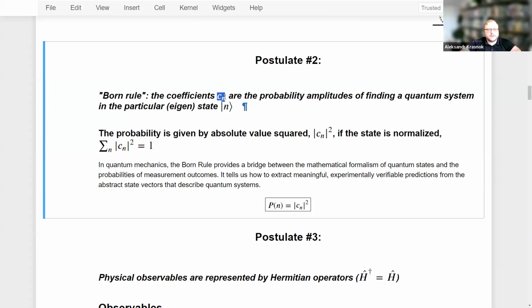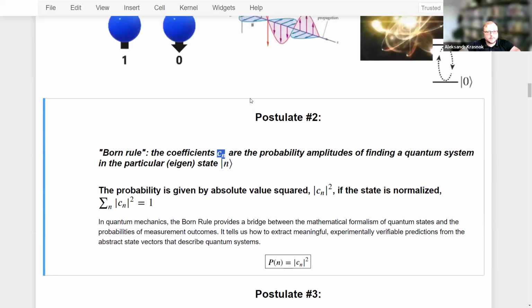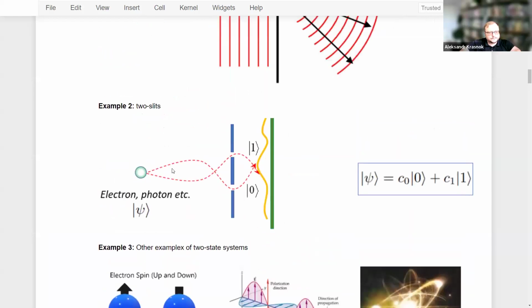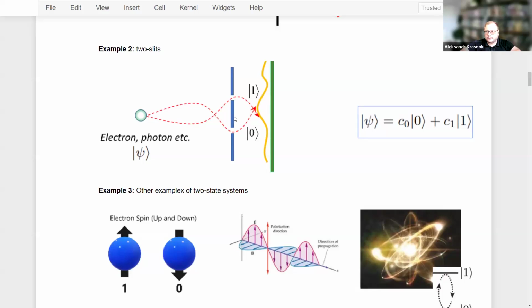But the coefficient Cn itself is a complex-valued thing. So it contains not only amplitude, but also a phase. And this phase allows these states to interfere, to form these maxima and minima. For example, the electron in the double slit experiment can go through the upper slit or lower slit with different probability.